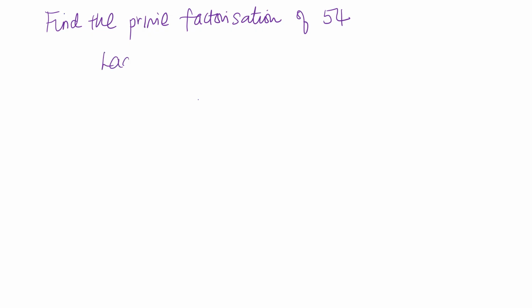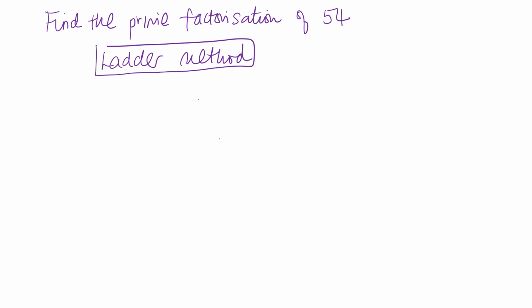The first method is called the ladder method, and this is how you do it. You start off by dividing 54 by the smallest possible prime number. In this case, we can divide it by the number 2.